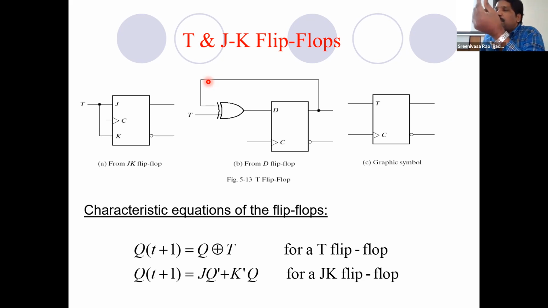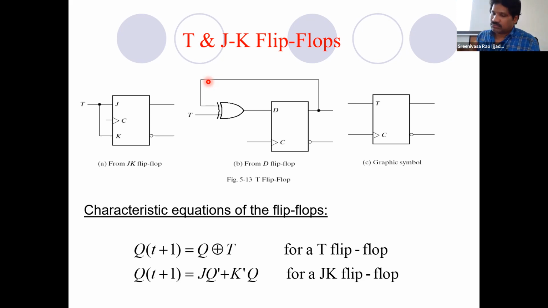Suppose the flop propagation delay is 2 nanoseconds, which means to pass the input to the output side, or to change the outputs corresponding to the inputs, it takes 2 nanoseconds. If the clock is high for 5 nanoseconds, then within 5 nanoseconds, because the flop delay is smaller, more than 2 times less, the flop can change its value more than once.